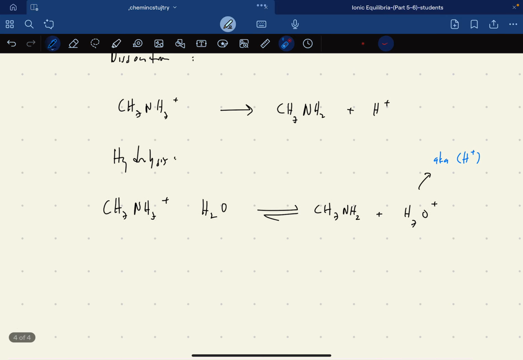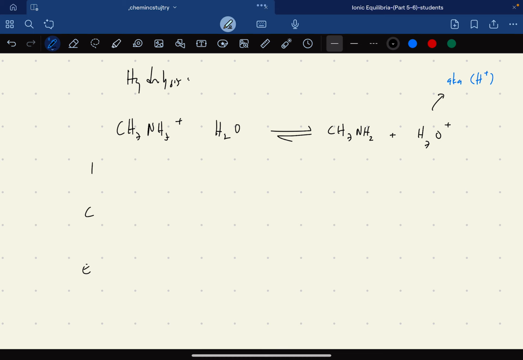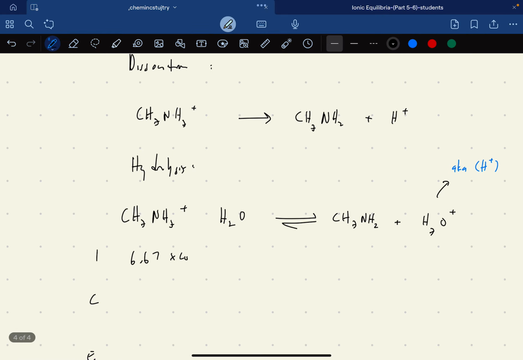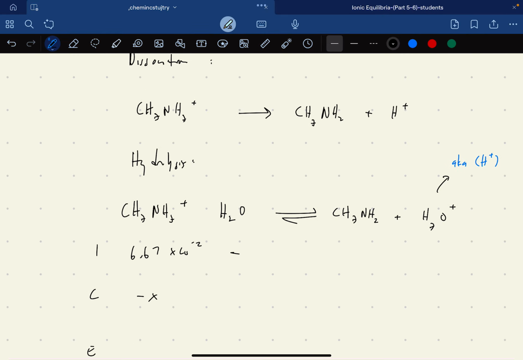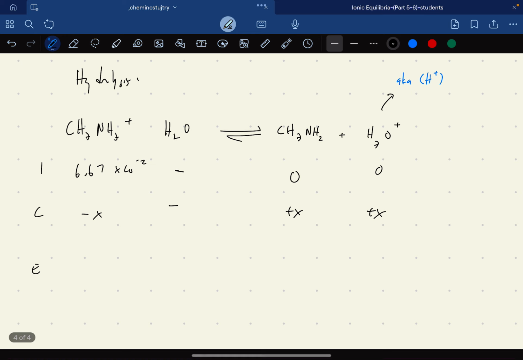So now we do an ice table again, a second ice table. Water doesn't matter. 0, 0, plus x, plus x. Then this one is 6.67 times 10 to the power negative 2.